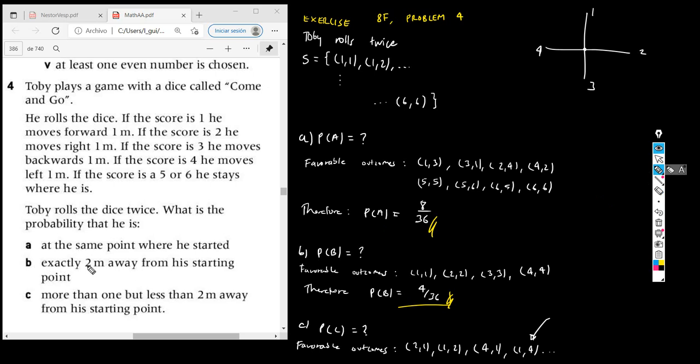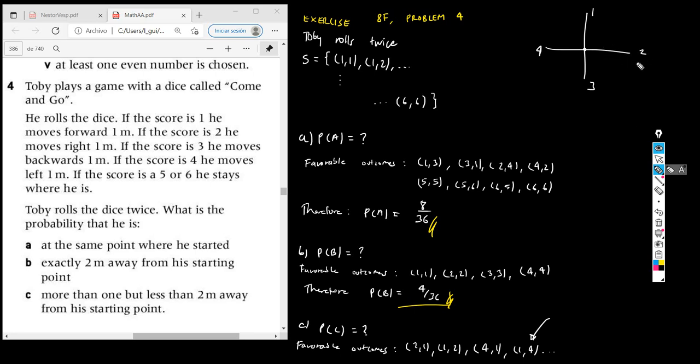He is exactly 2 meters away from his starting point. Well, the favorable outcomes for this event B are all of these four. 1, 1. So basically, if he gets 2 ones, he's going to go 1 unit and then another unit.